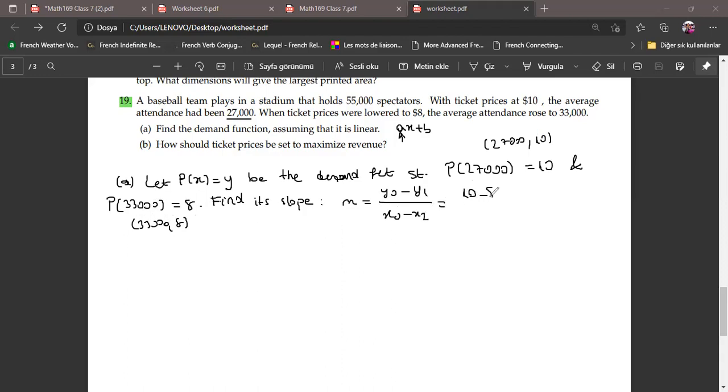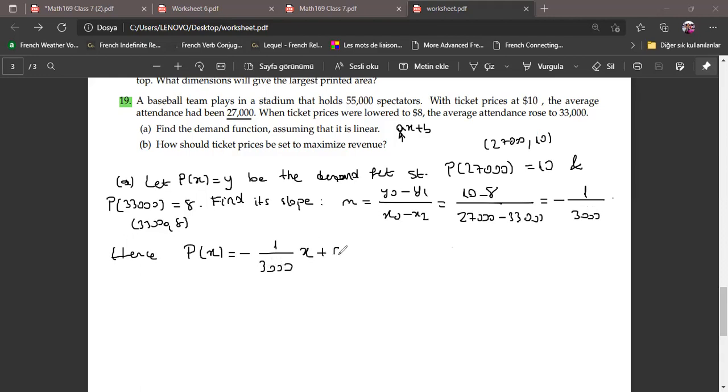We have 10 minus 8 over 27,000 minus this, which gives us this one. So what do we have now? We have P of X equal to minus 1 over 3000 X plus some constant.